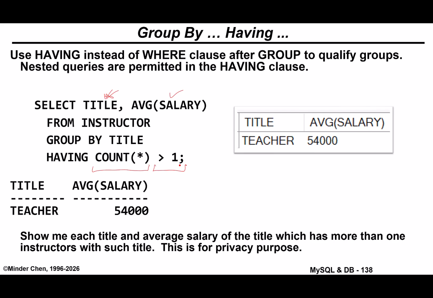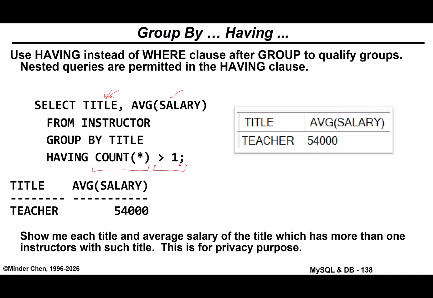There's a technical reason or privacy reason that we're doing this, because if you're revealing the average salary of each of the job titles when some title has only one employee with that title, then you basically publish the salary of that person who is the only person that has the title.